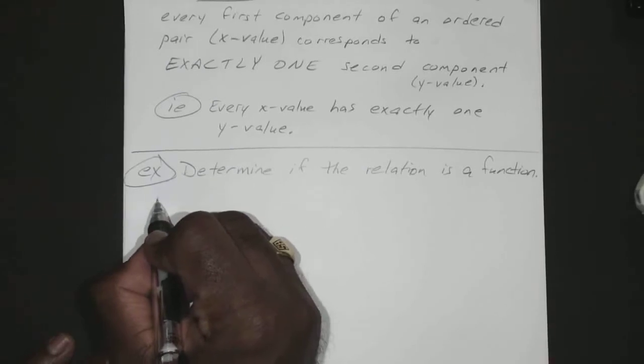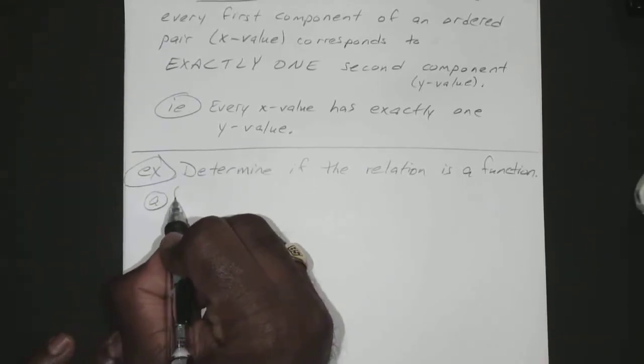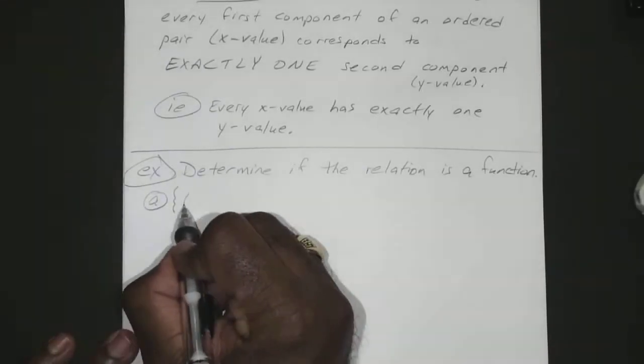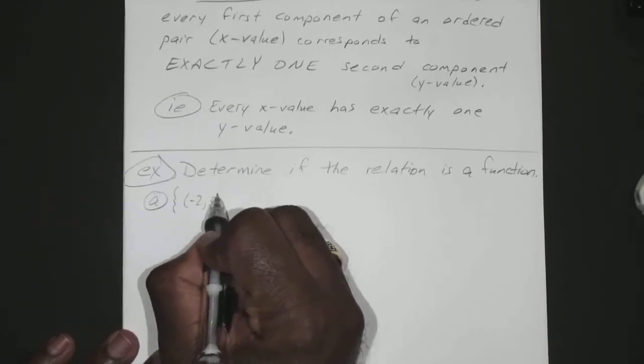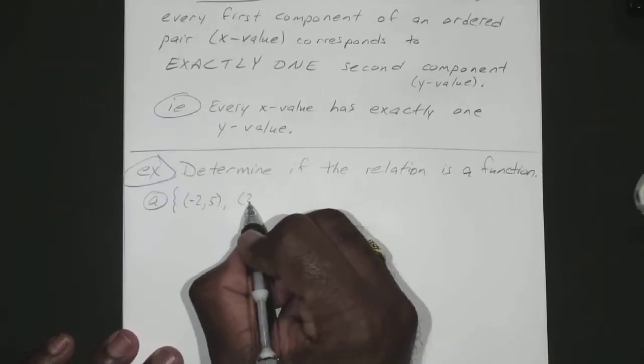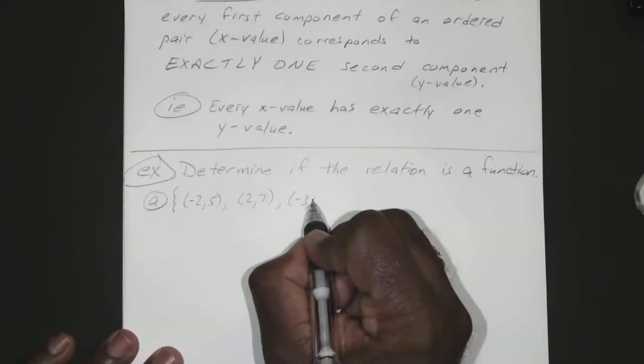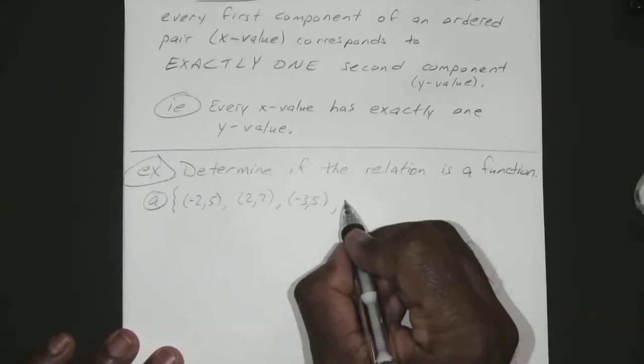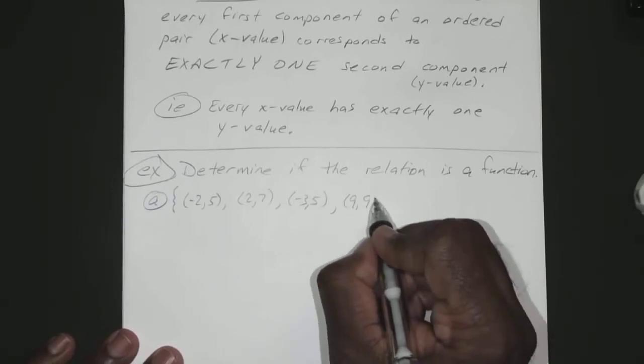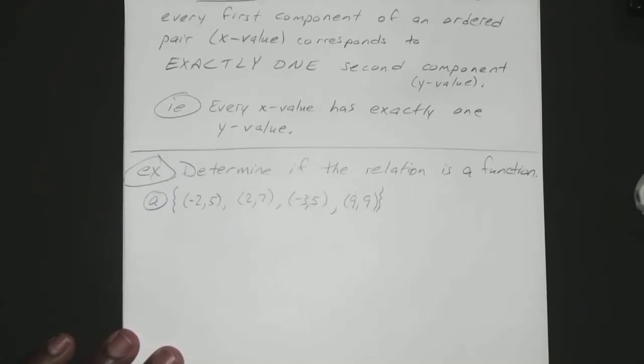For A, what if we have (-2, 5), (2, 7), (-3, 5), and (9, 9).